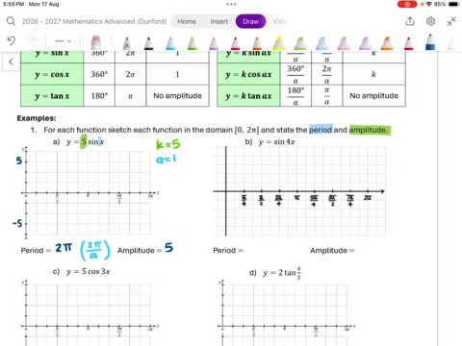We're sketching sine, so sine starts at 0. And at pi on 2, it's going to go to its maximum point at 5. At pi, it's at 0. At 3 pi on 2, it's at its minimum point of minus 5. And at 2 pi, it's back at 0. So we can then sketch our curve like so. Y equals 5 sine x.